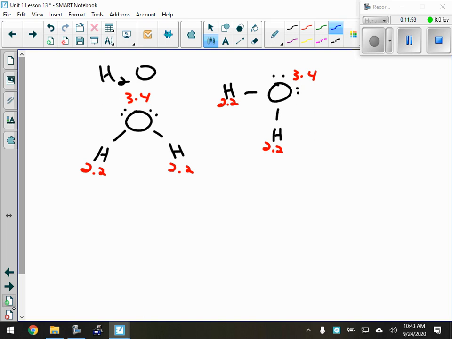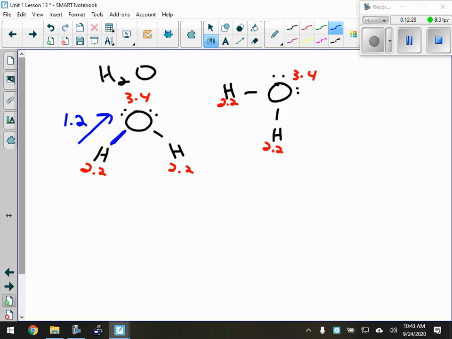So this H to O bond right here, which way are electrons getting pulled, towards H or O? O, yes. And that's getting pulled that way with a force of 1.2. That's a decent force. Remember, 1.7 is kind of the magic number there. That's not bad, this is a pretty polar bond.